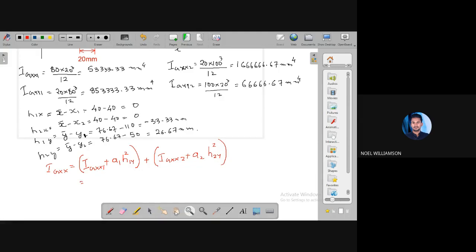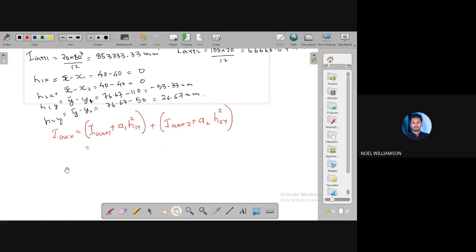Similarly, IGYY equals IGYY1 plus A1 H1x square, plus IGYY2 plus A2 into H2x square.